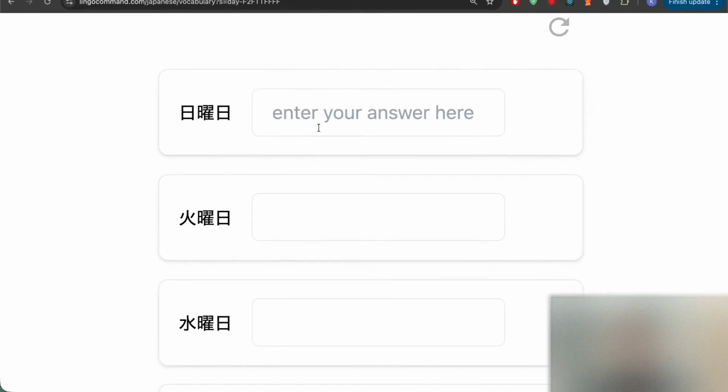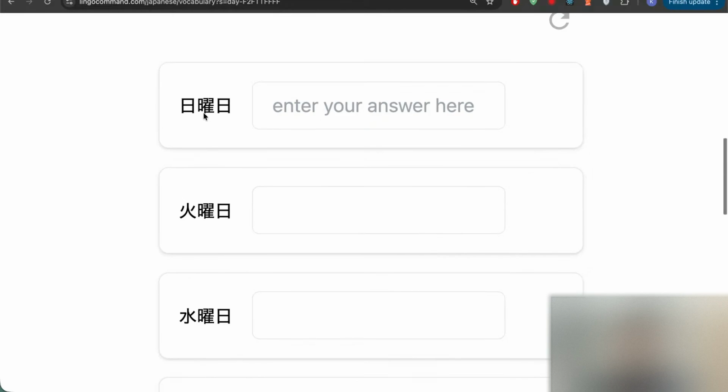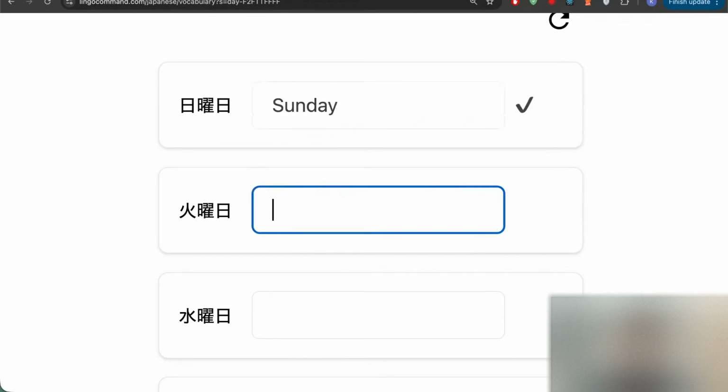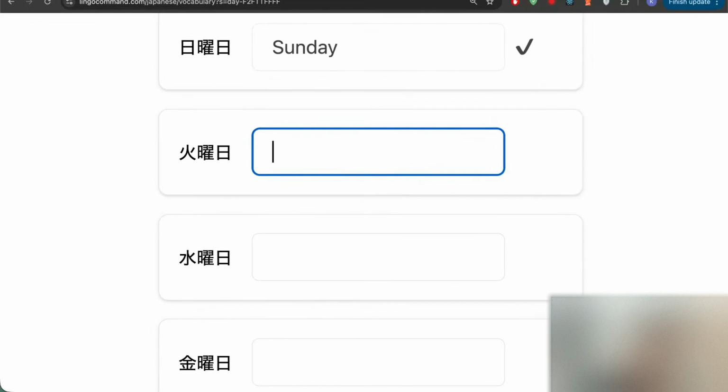And so when you're listening to that, you notice this yobi just keeps repeating over and over. And so that's what the second and third kanji are. The first one, though, that's where you make this distinguishment between what day of the week we're looking at. And so when the first and the third kanji match, I think it's Sunday, nichiyobi. Okay, great.